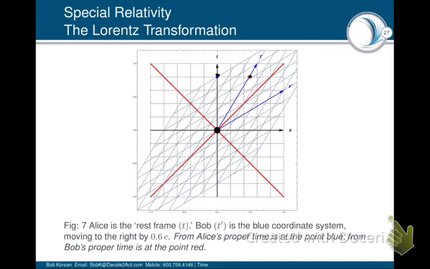But for Bob, the red dot is another proper time, although it's not the same time as Alice's proper time, even though they both have the same time.